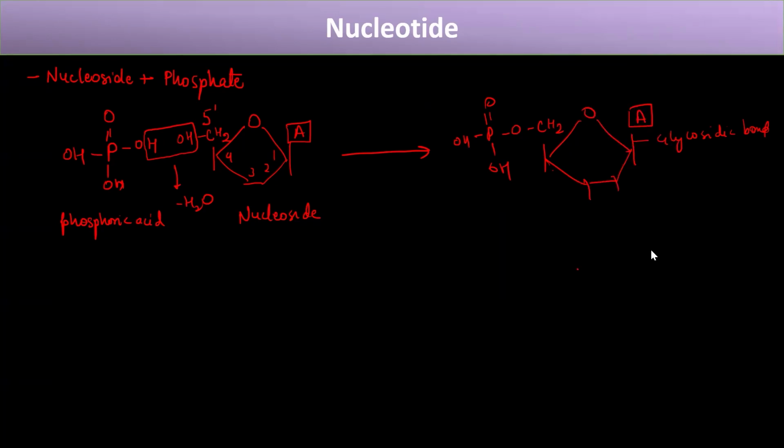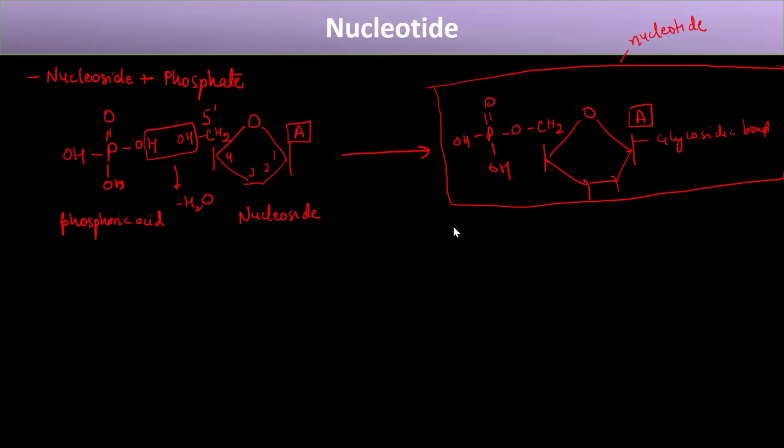This structure that has formed is your nucleotide. Now, what is this bond? The bond that is formed at this CH2 is called the phosphoester bond.